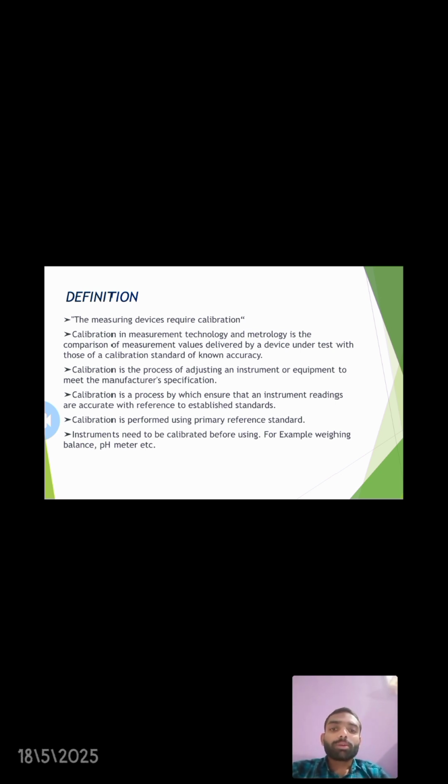It is a process by which we ensure that an instrument's readings are accurate with reference to established standards, and it is performed using a primary reference standard. Instruments need to be calibrated before use, for example weighing balance and pH meter.